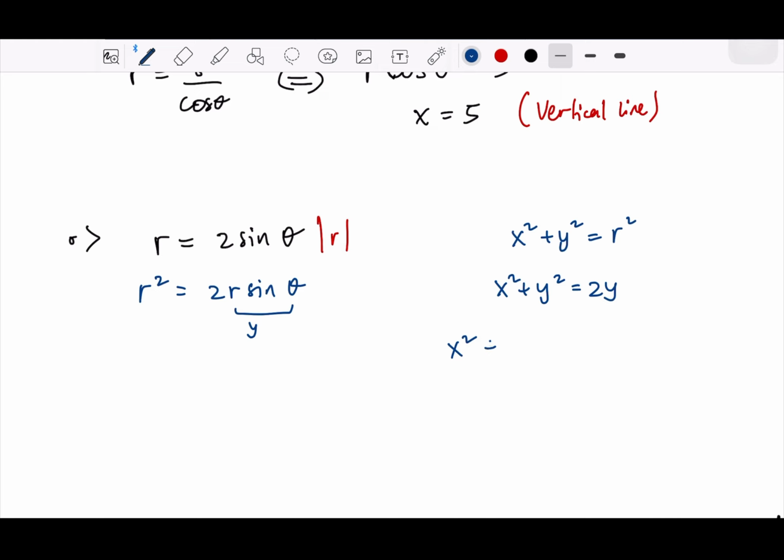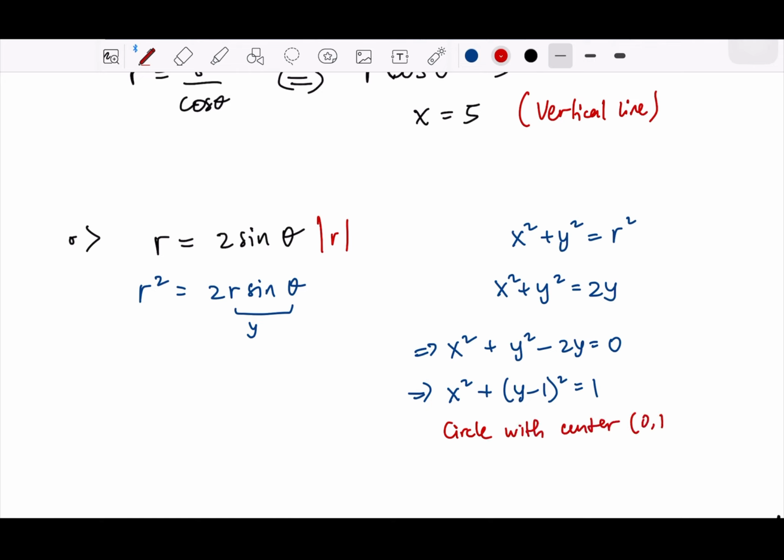And simplifying this, we could write a circle equation. So we have a circle with center (0, 1). Okay, remember the circle.